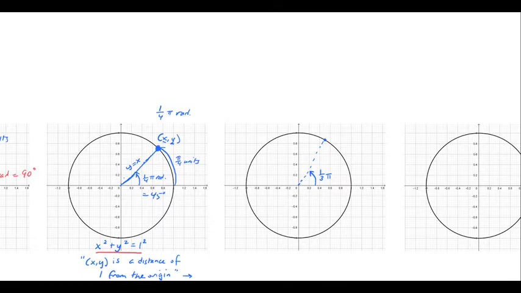Now consider that 1/3 of pi is 1/3 of 180 degrees. So that means that this angle here has degree measure 60 degrees. That's 1/3 of 180.